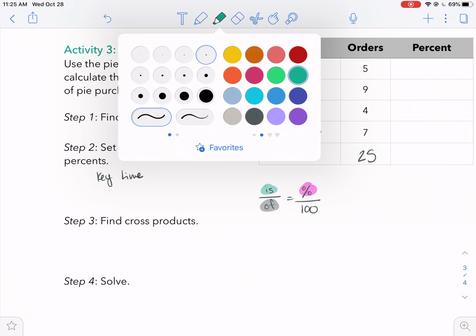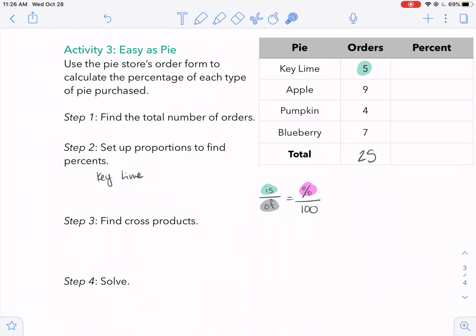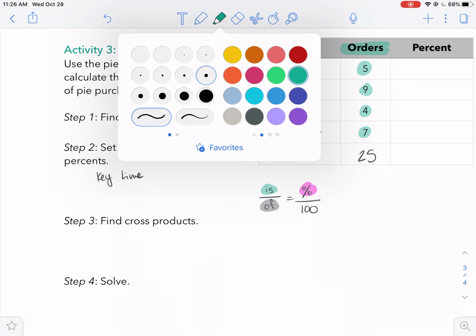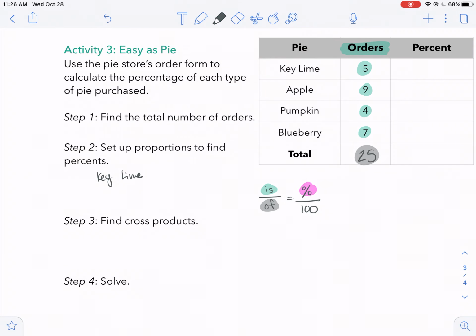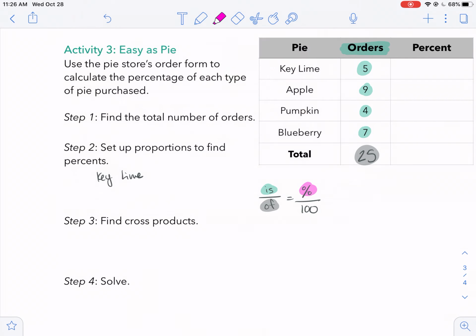So we're going to ask, well, 5 is what percent of our total of 25? Our orders will each be our is numbers, our total is our of number, and our percent is what we're trying to find.